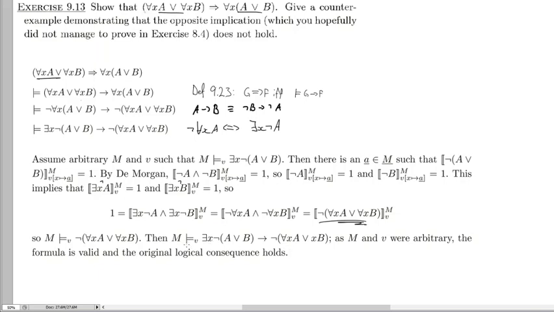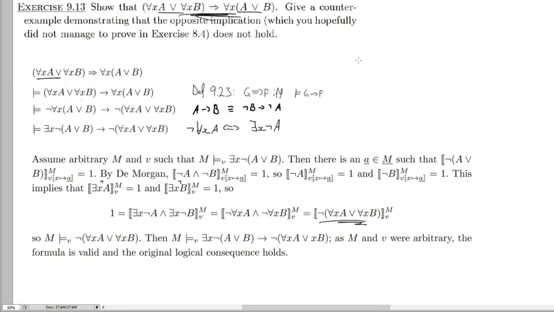And remember, we said that M and v were arbitrary up here. And since they are arbitrary, this formula is valid, and the logical consequence holds. So that was showing that for all x (A or B) is a logical consequence of (for all x A) or (for all x B). So I've just shown this here.